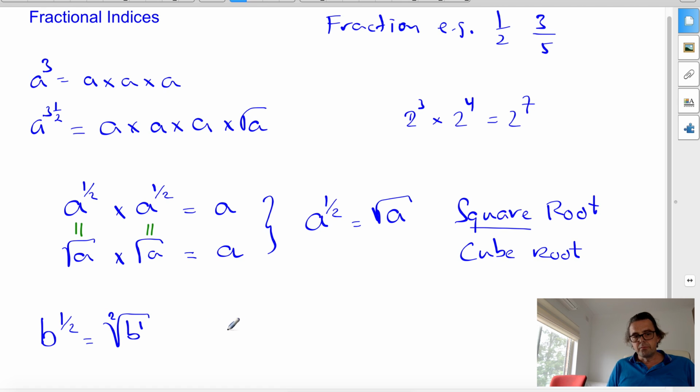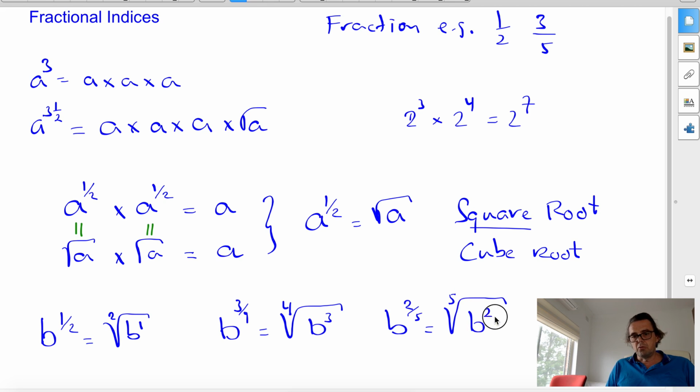With that convention, with that definition, b to the power 3/4 just means that it is the fourth root of b to the power 3. So b gets cubed, and then we take the fourth root of it. We take the root twice. b to the power 2/5 means the fifth root of b squared.